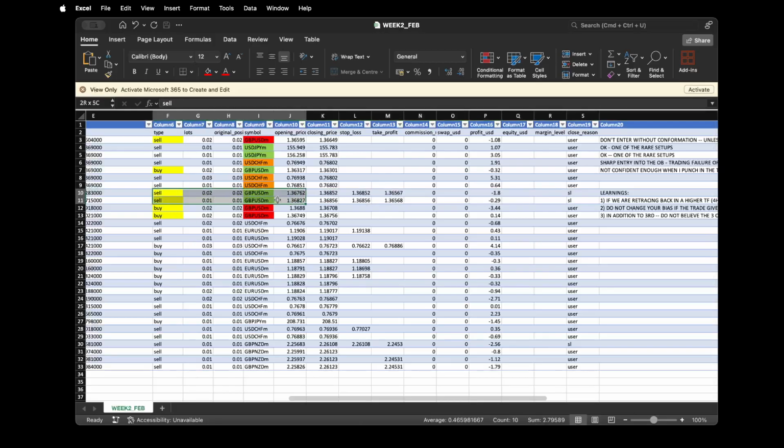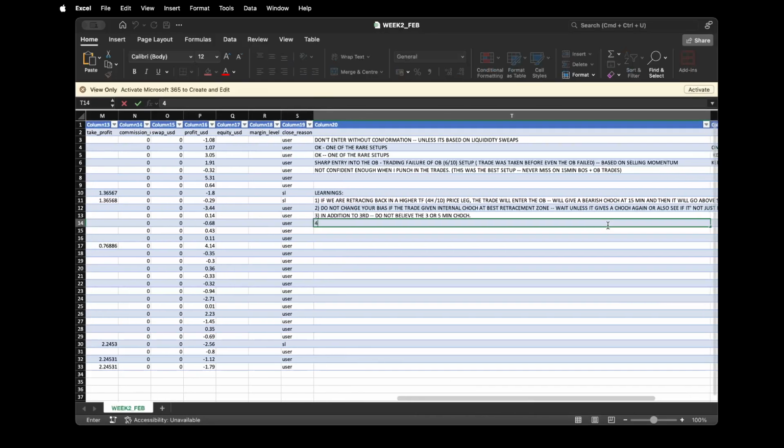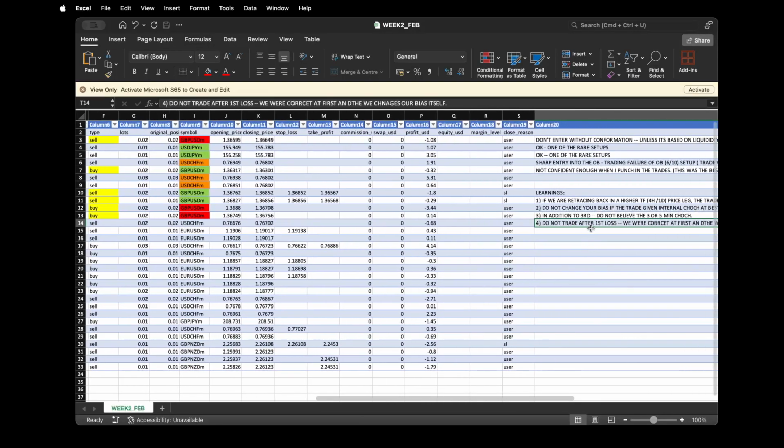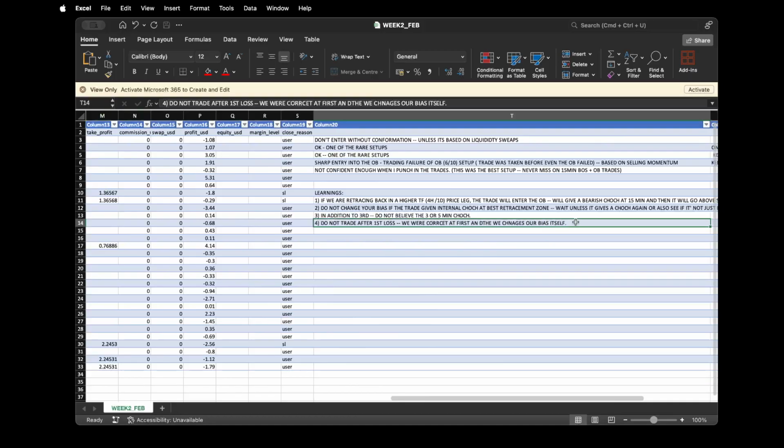The fourth point is, do not trade after first loss. We were correct at first, and then we changed our bias itself. So do not trade after first loss. Again, this is the learning that keeps coming. We can add this point in the third point itself, because we don't have much space.